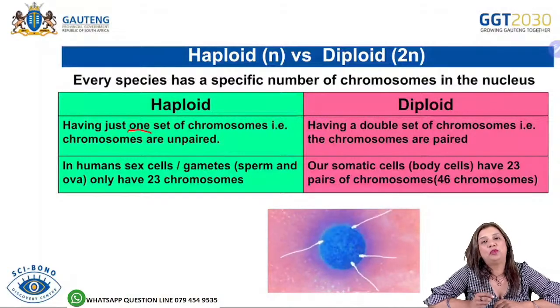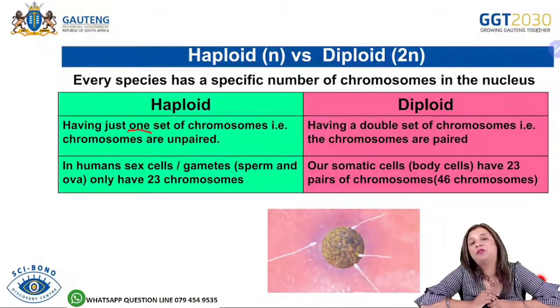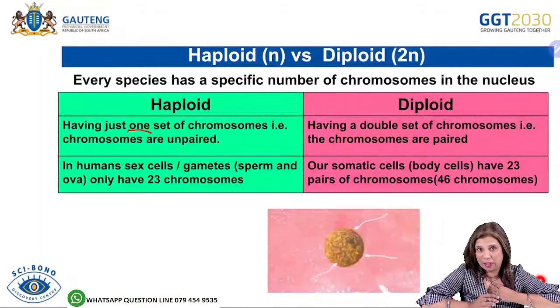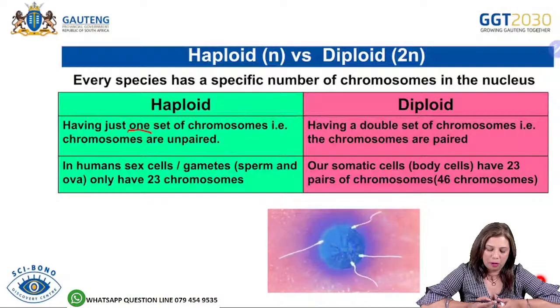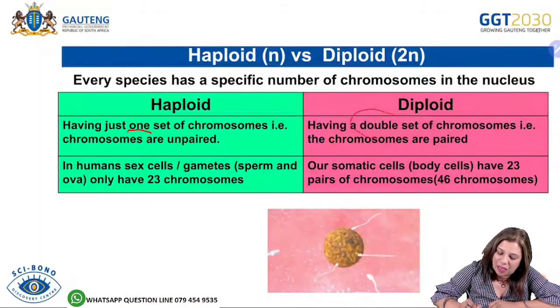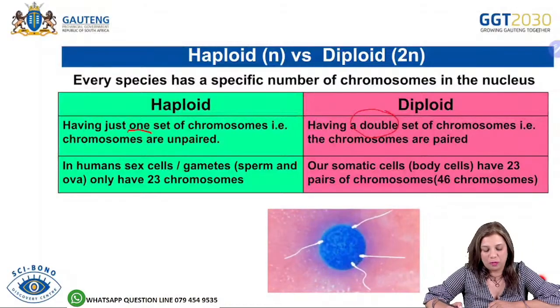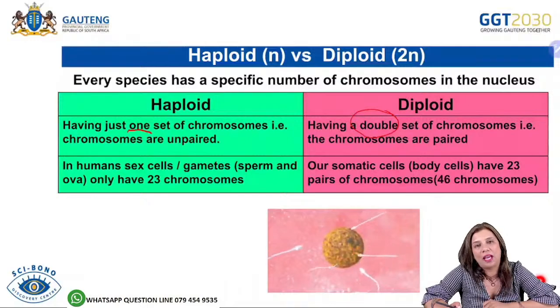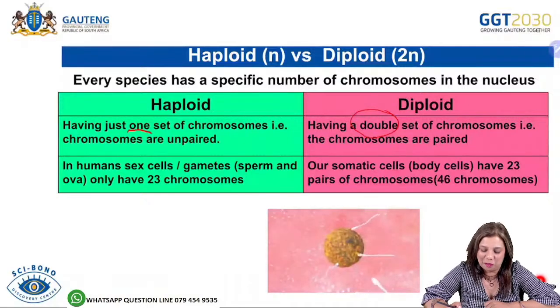And they only have 23 chromosomes. Remember, they have 23 because they are half of a full set. The full set that we have is 46 chromosomes. So if we go to diploid, we can see that it has double the set of chromosomes. So if haploid had 23, then obviously diploid is going to have 46 chromosomes in humans.